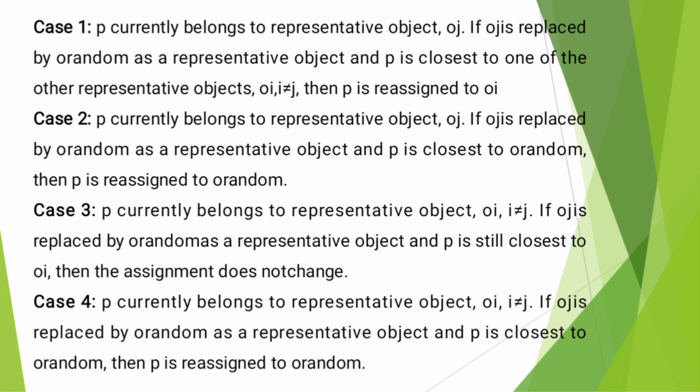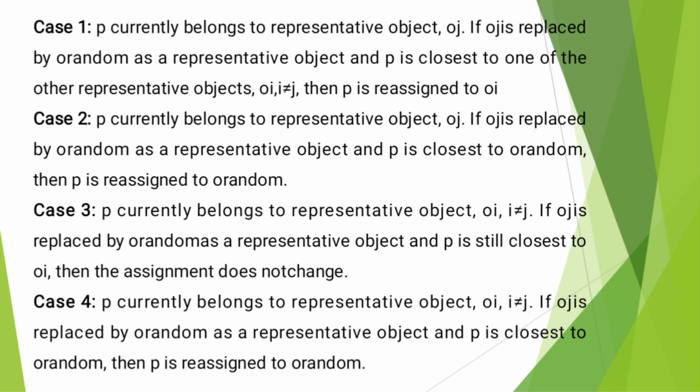Case 2. P currently belongs to representative object OJ. If OJ is replaced by O random as a representative object and P is closest to O random, then P is reassigned to O random.